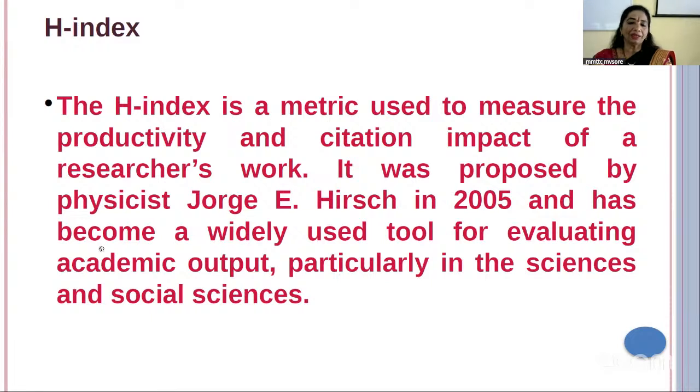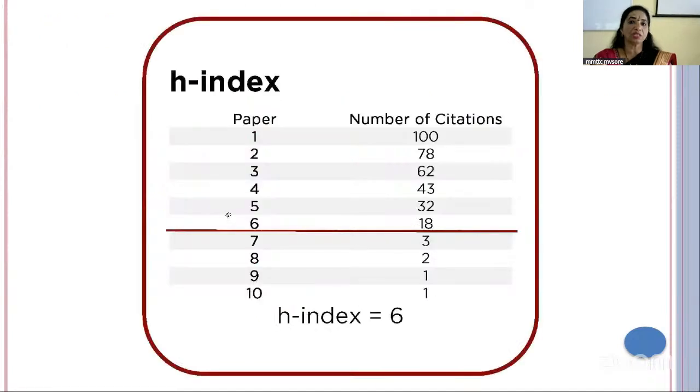I will explain what I mean by an H index of 16. It was first proposed by physicist George E. Hirsch in 2005, and has become a widely used tool for evaluating academic output, particularly in the sciences and social sciences. If a person has an H index of more than 15 or 20, he will be considered a major contributor to the science field.